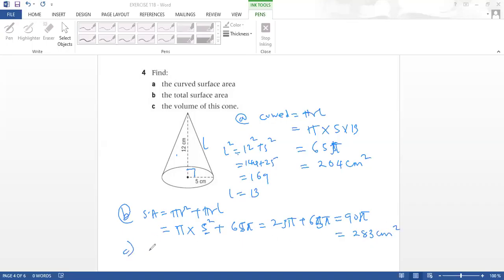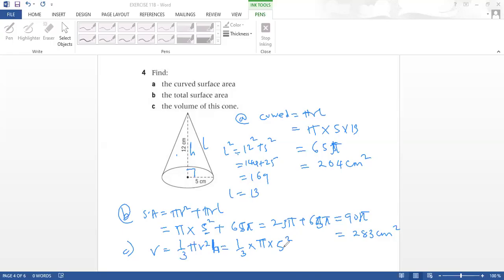Lastly, they're asking for the volume. Remember, the volume is given by 1/3 base area, which is the circle pi r squared, times the height. This is not L, it is h. h is this height, so we'll use that height because that is what describes the capacity or the volume, the space occupied by the cone from the base.